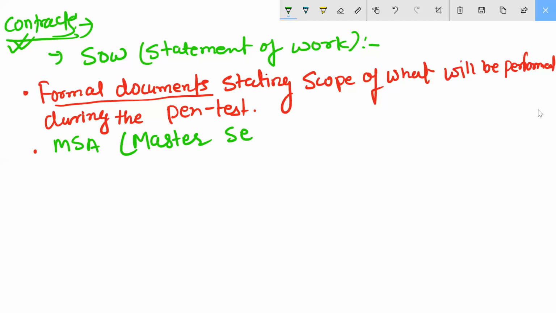So that's all. MSA, Master Service Agreement. What is it telling you?